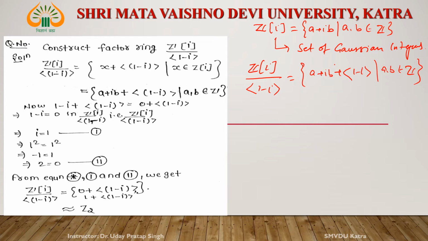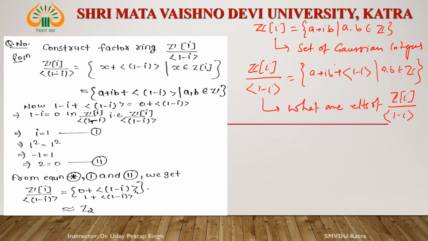Right, now we have to construct this factor ring. Construct means we have to give the elements of this. The method of construction is as follows.